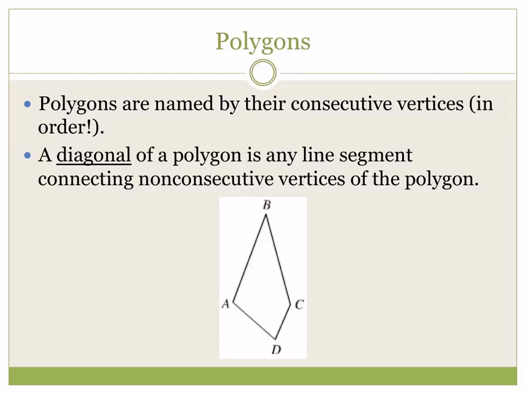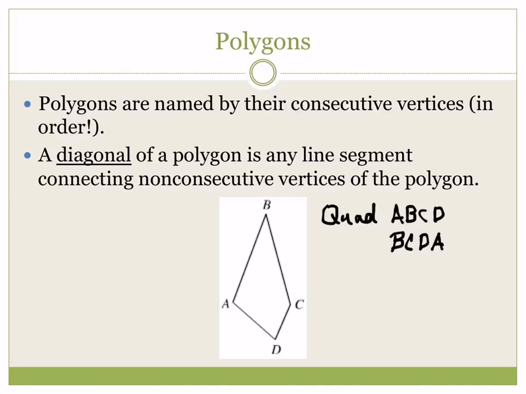We can give lots of names for this quadrilateral, but there are things we cannot give it a name and actually be correct on as well. So somebody give me a name of the quadrilateral. A, B, C, D. Somebody give me one other option. B, C, D, A. Now I'd like for somebody to give me one that we're going to mark out in big bold red and say this doesn't work.